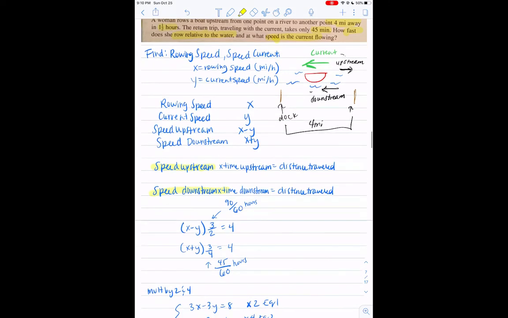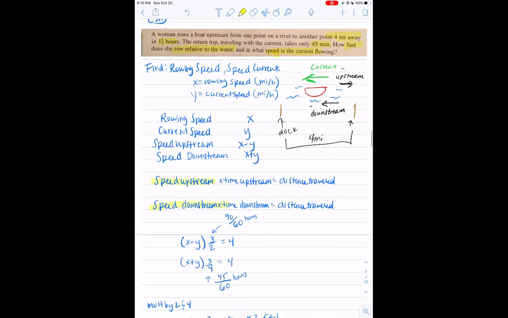So I can plug in my values. My speed upstream is x minus y. My time upstream, rowing the boat 4 miles away, took 1.5 hours. 1.5 hours in minutes is 90, and relative to an hour, 60 minutes, 90 over 60 hours is 3/2. That equals the distance traveled, which is 4 miles.